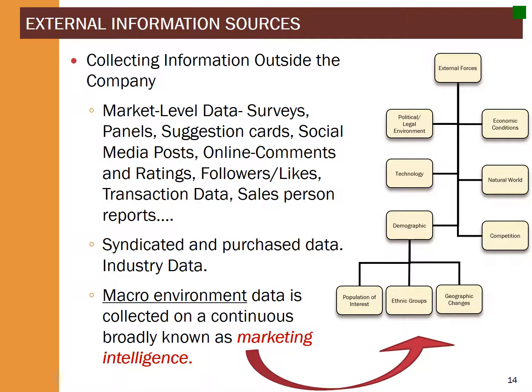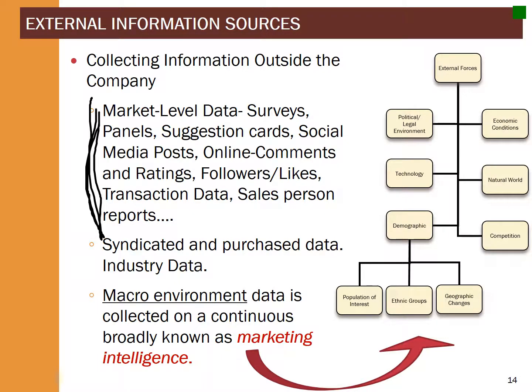But we also may have primary data that we collect. We have panels that we collect from. We may collect data from social media posts, online comments and ratings, followers, likes, and so forth. So there's a whole host of places where we can gather data from, and that would be outside the company. And then as I mentioned, there are internal sources of data as well.